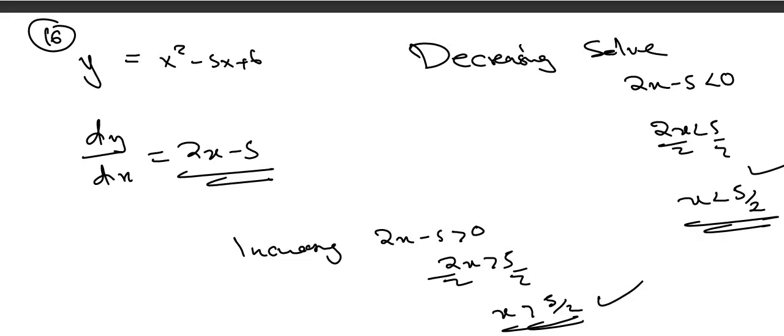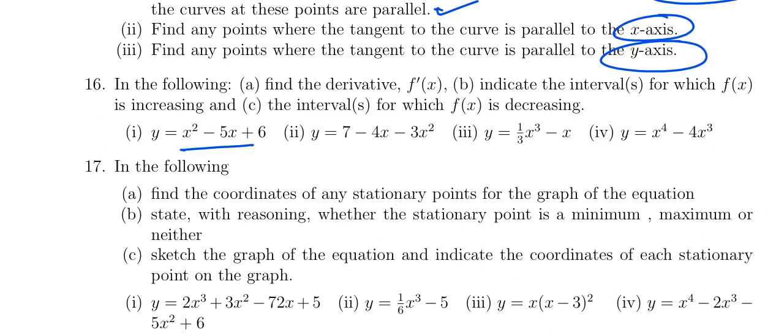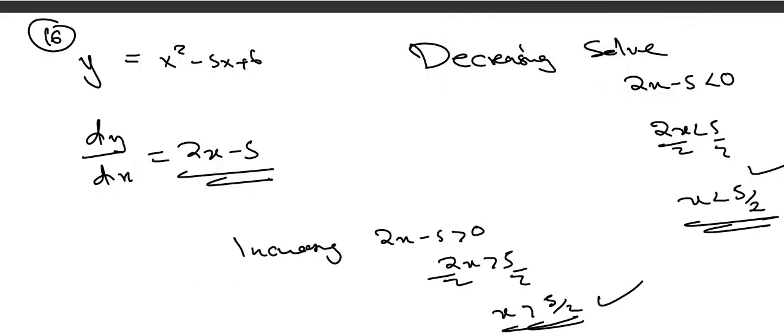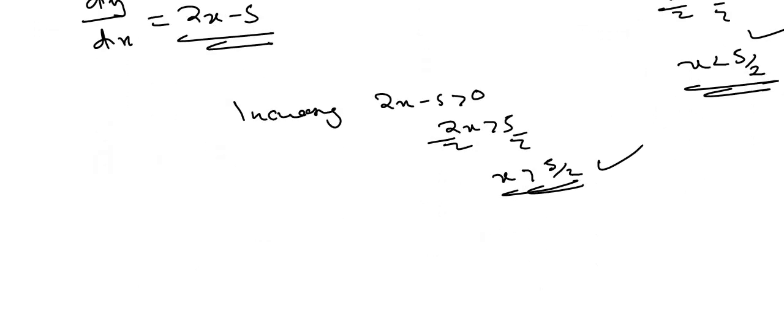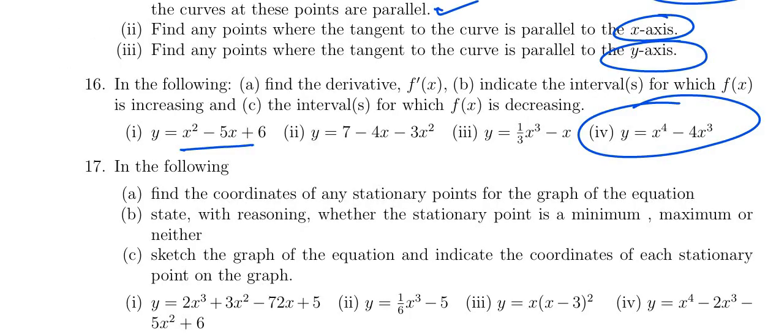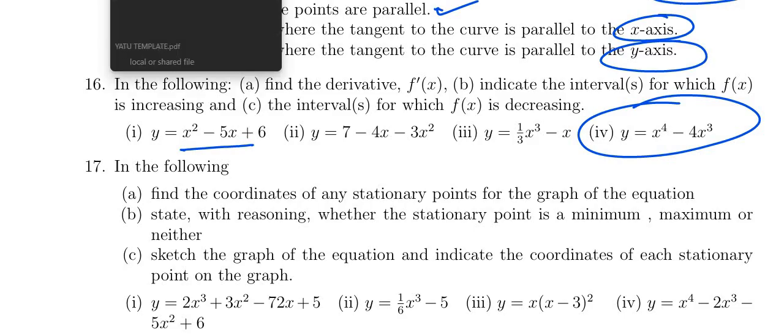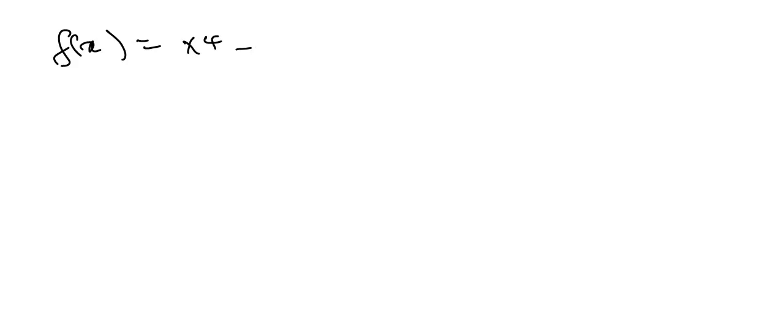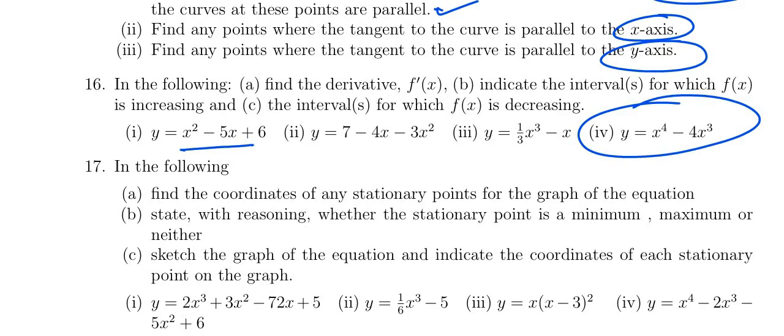In an event where you have a polynomial, like the last one here, if you differentiate it, that gives you another polynomial. f of x is equal to x to the power 4 minus 4x to the power 3.